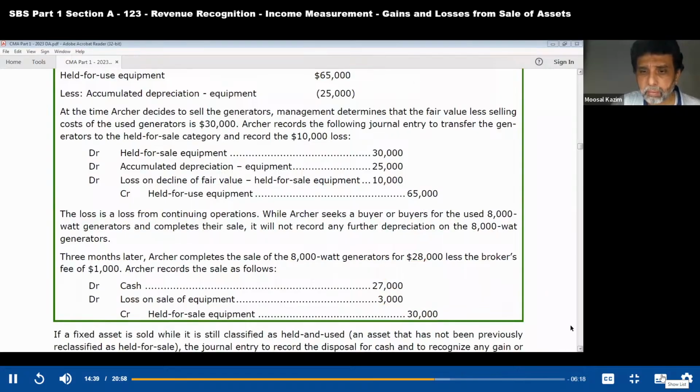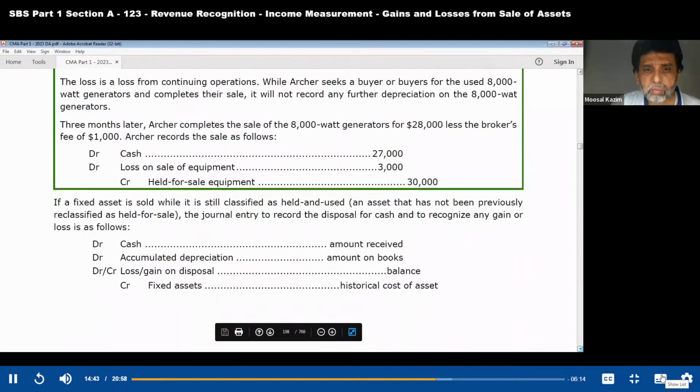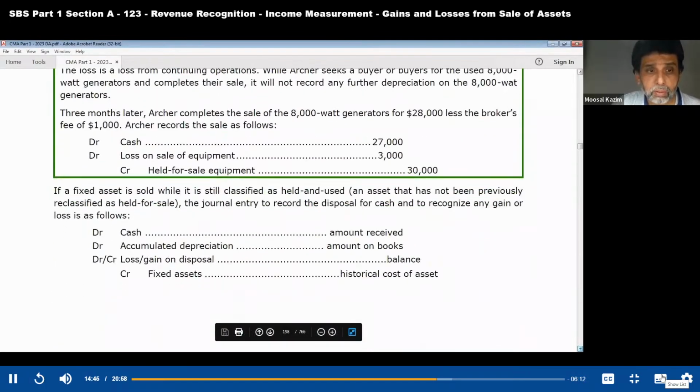So that's about it. And when a fixed asset is sold while it's still classified as held for use, an asset that has not been reclassified as held for sale, then like suddenly you decide to sell it, the entry would be removing everything related to the fixed assets.